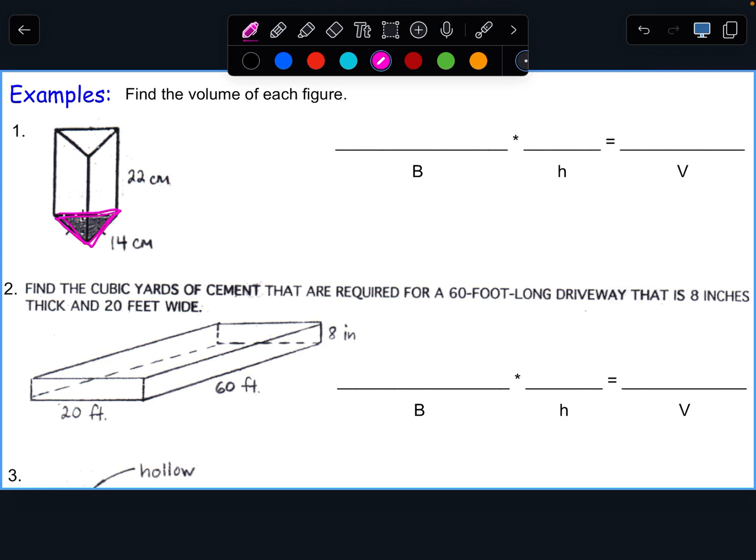So basically what you do is you figure out the base and then you figure out what the formula is. So that's a triangle, 1/2 base times height. If I were to find the area of that, all the sides are 14. The height's not 14, like some people on the test, hopefully. Okay, so the base is 14.